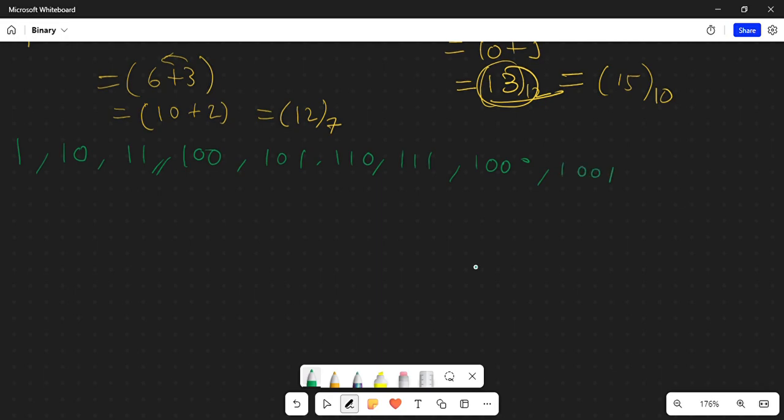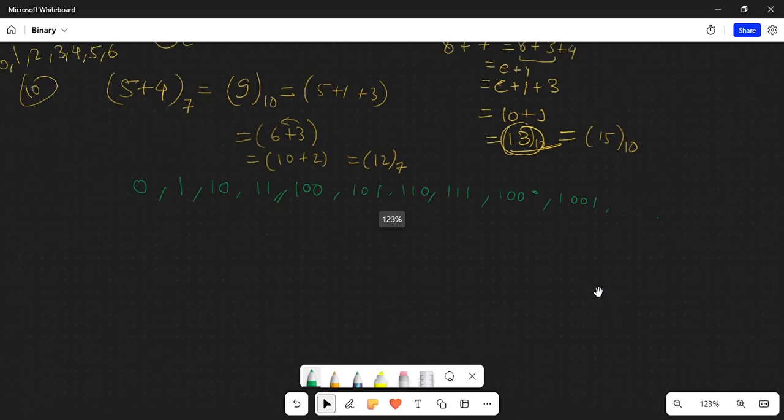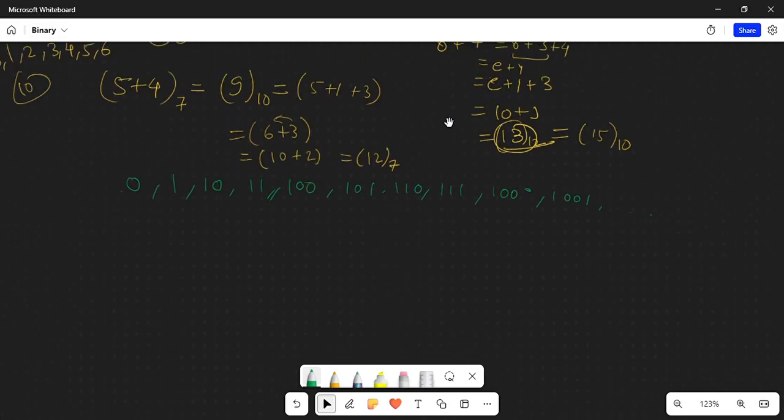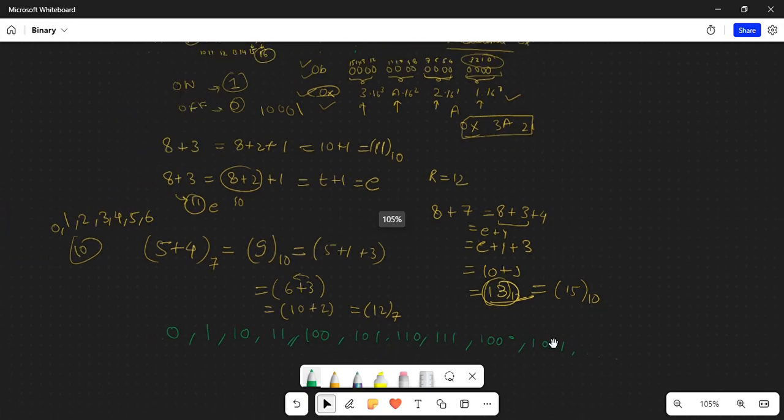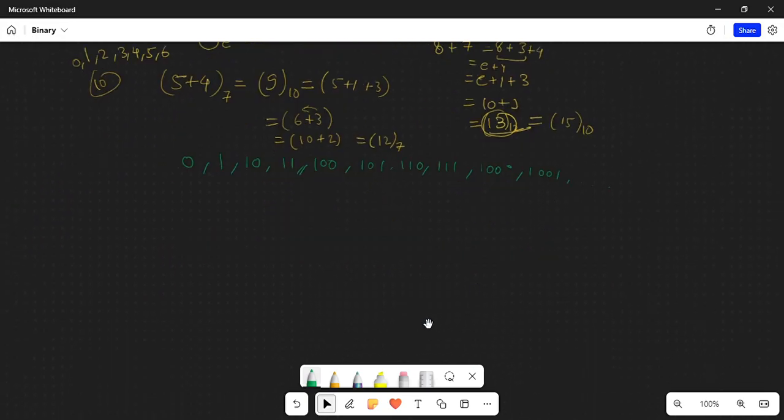1001 and so on. So if you can notice a pattern here, we could go with the other systems also, but it would be very lengthy to write.